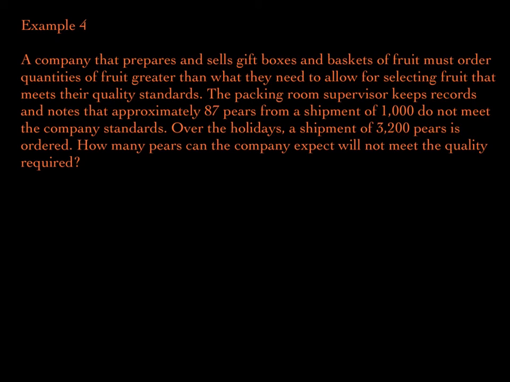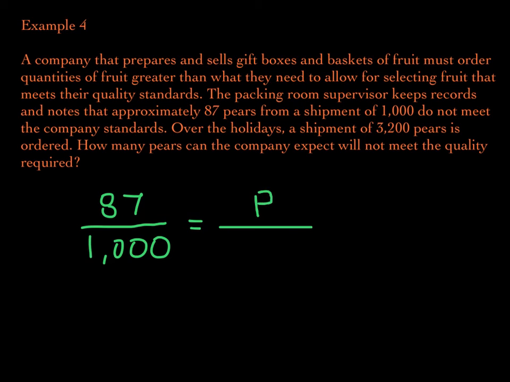All right, let's set up our first ratio. I'm going to take the initial information that they gave me, which is 87 pears out of 1,000. That's a ratio right there. 87 pears out of 1,000 altogether must be equal to some number of pears that will not meet the quality standard out of the 3,200 pears.